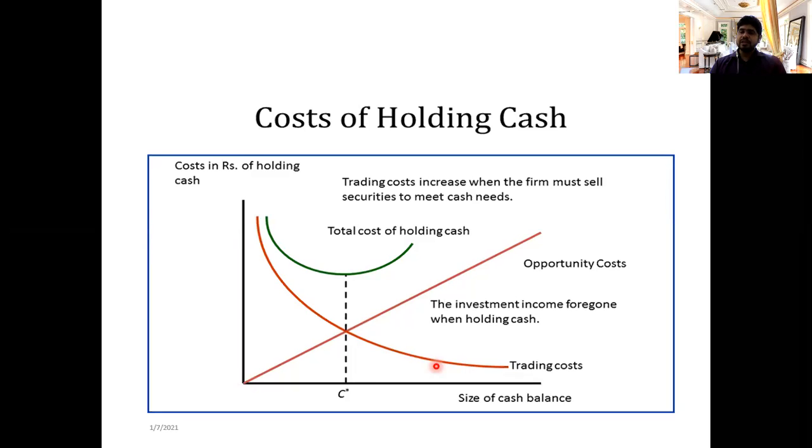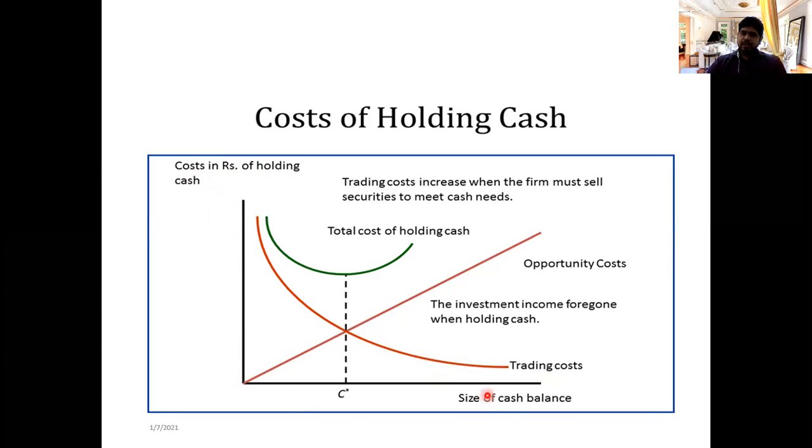Here, in the graph, you can observe in the vertical axis, the cost in rupees of holding cost. And in the horizontal axis, you can observe the size of cash balance.